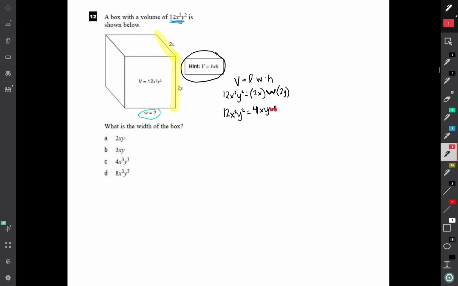Okay, so let's think about this. On this side, W is being multiplied by 4xy. So to get rid of that 4xy, we have to divide both sides by 4xy.